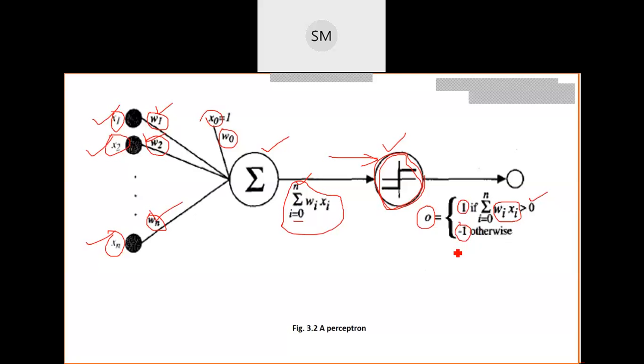The +1 and -1 depend completely on our inputs and the associated weights. If the product of weights and inputs is greater than 0, a positive number, the perceptron's output will be +1. And if the product of xi and wi is less than 0, the output will be -1. Just keep this much in your mind.